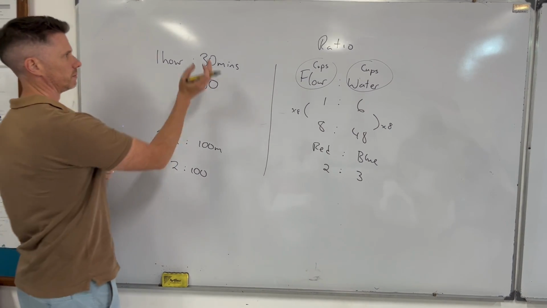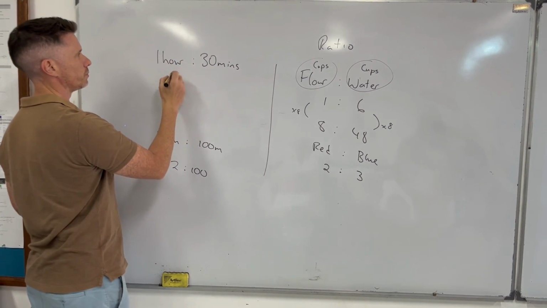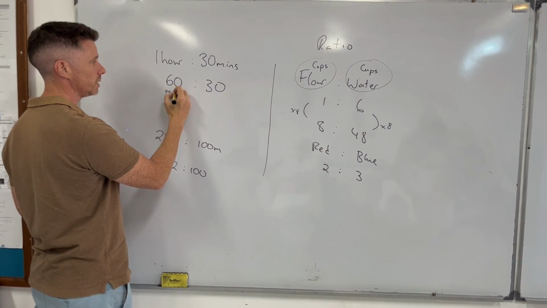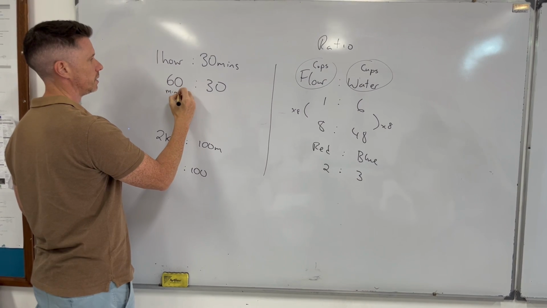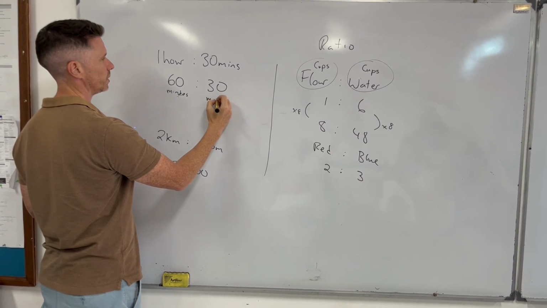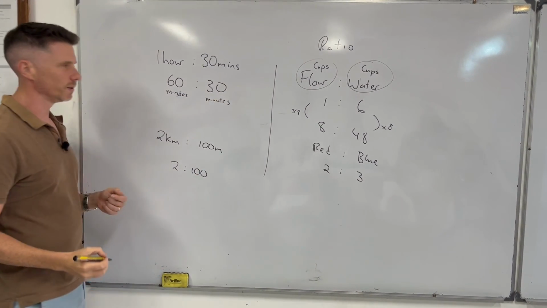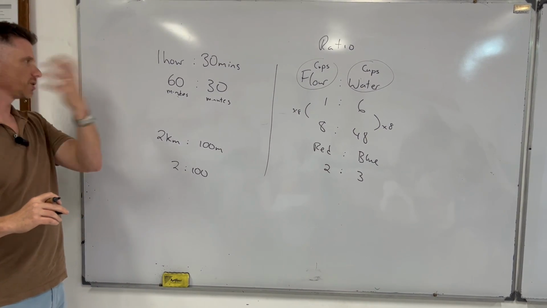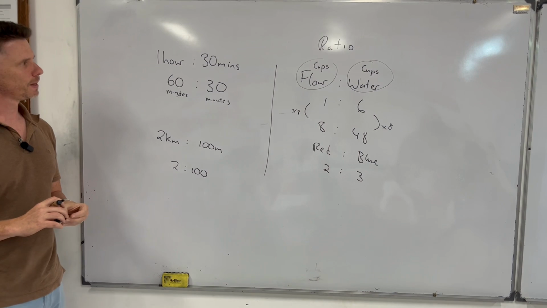No, that's not right. Whereas if we go 60 to 30, we have the same units, that's in minutes. That's also in minutes. Now they can compare 60 to 30: for every 30 minutes, there was 60 minutes of the other thing.